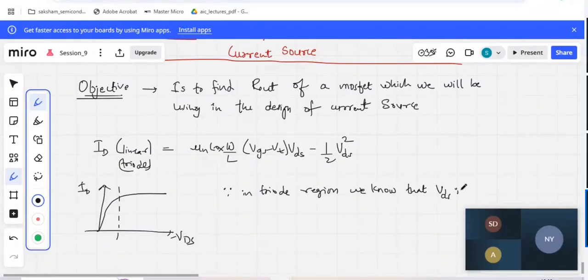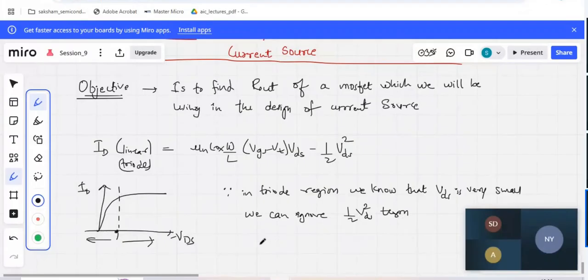VDS is very small, and you can see from the graph also. If you see here, the value of VDS increases. So behind this particular value here, the VDS value is very, very small. So if this VDS is very small, we can ignore the half VDS square term, isn't it? Because if VDS itself is small, the square of VDS will be even smaller.